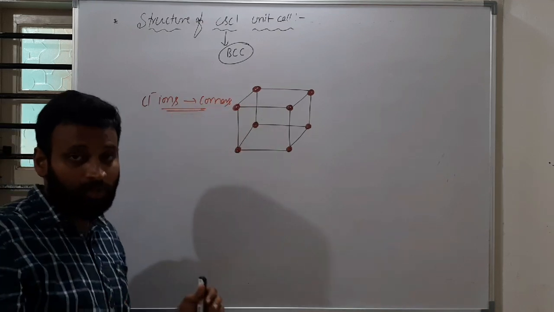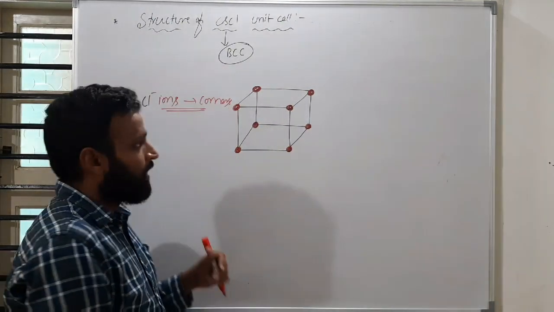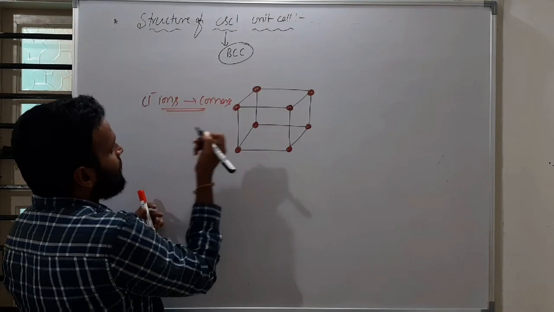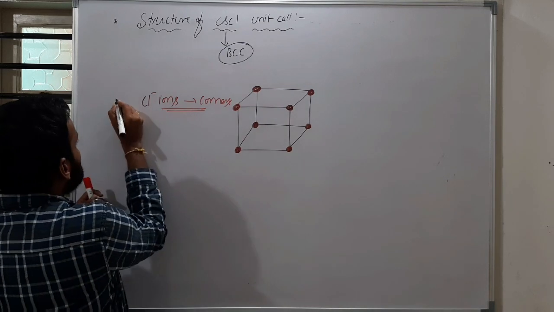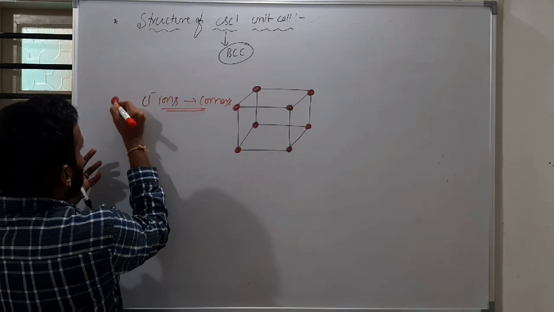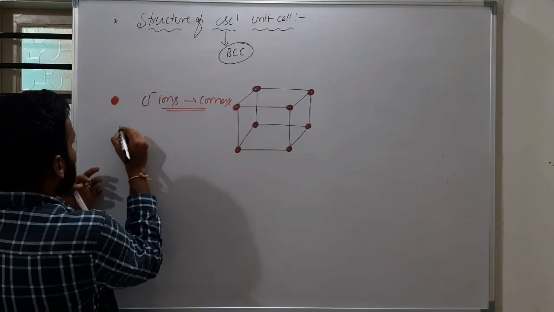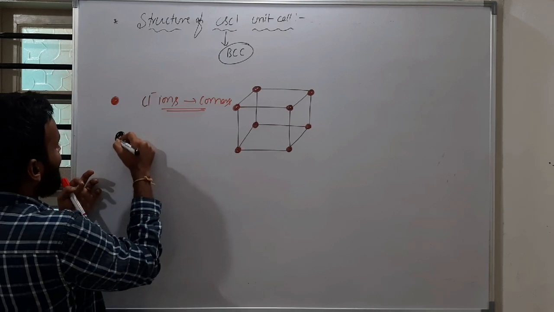This is about CsCl, cesium chloride, body center. Cl minus ions are present at where? All corners. Body center. This is a red color. Cl minus ions I am representing with red color. And cesium I am representing with this black color.